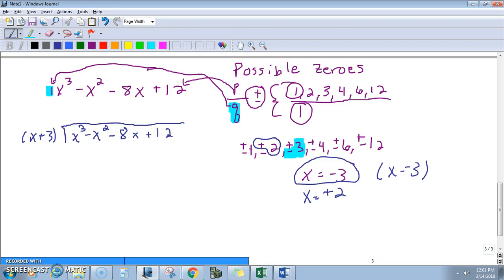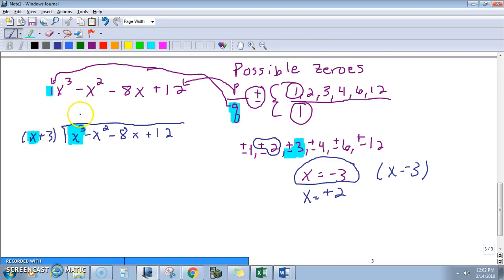The reason I'm dividing by x plus 3 is I'm trying to figure out what number I multiply x plus 3 by to give me this equation. So how many times can, this is how we start it, we look at how many times can x go into x cubed. Okay.